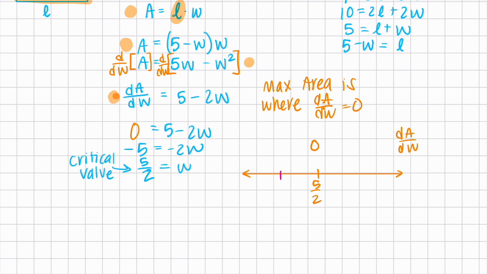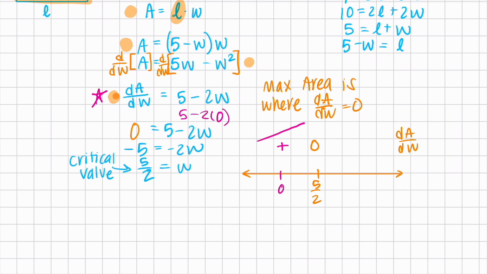So pick a number less than 5/2. I'll pick 0. I'm going to plug 0 into my dA/dW. I get 5 minus 2 times 0, which is going to be 5, and that's positive. So my graph of A is increasing before 5/2.